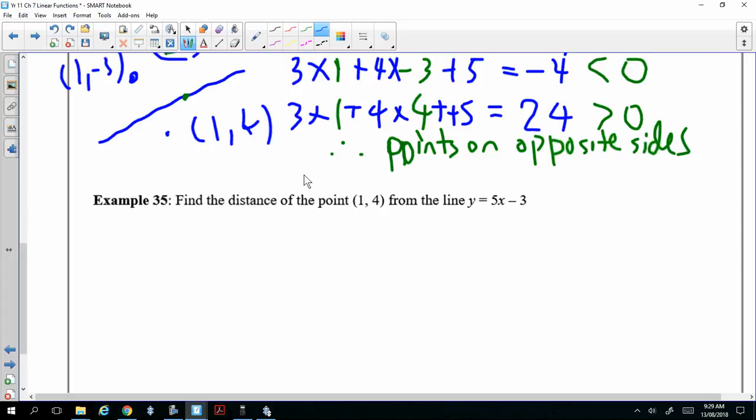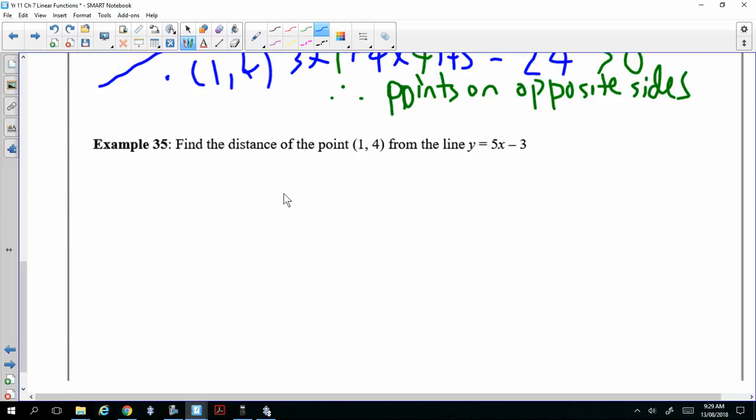Okay. Let's move on. Find the distance of the point from the line. Now, what do we do first? You have to put it in general form. Minus 3 is 0. Now, we have to find the distance.